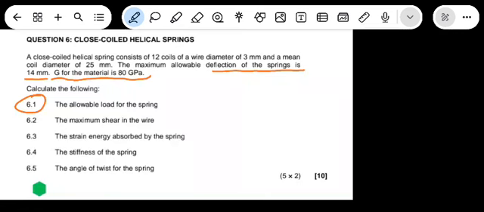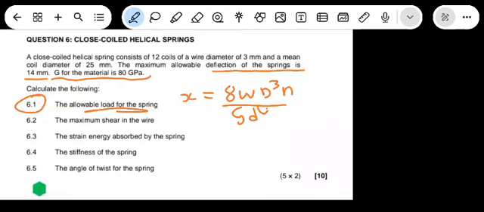6.1 the allowable load of the spring. So we know the formula for the deflection: X is equal to 8 W D cubed N divided by G d raised to the power 4. We'll use this one.